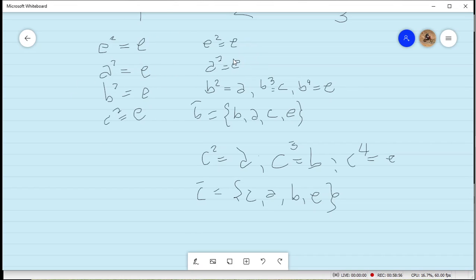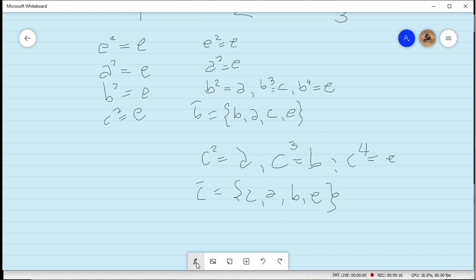Whereas, in the second table, it is only A and E who possess such a characteristic that their inverses are themselves. So we see that the inverse of E is E, the inverse of A is A. But that is not true for the other two elements.